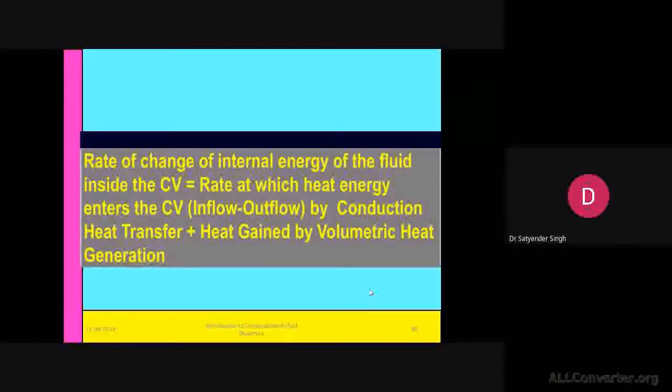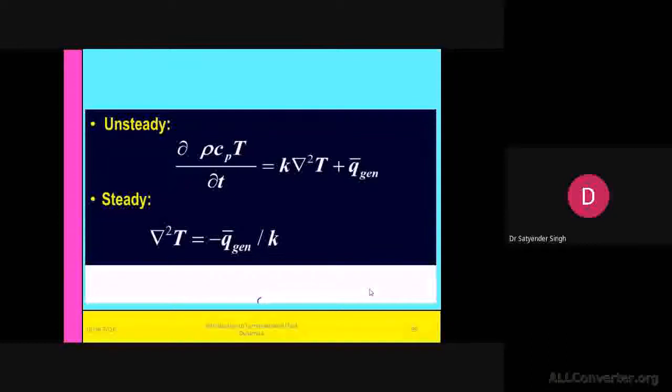Then the rate of change of heat energy of the solid inside the control volume will be equal to the rate at which heat energy enters the control volume by conduction heat transfer plus the energy gained by volumetric heat generation. On the basis of that, this is the unsteady form of the diffusion equation we have, and this is the steady state form of the energy equation.